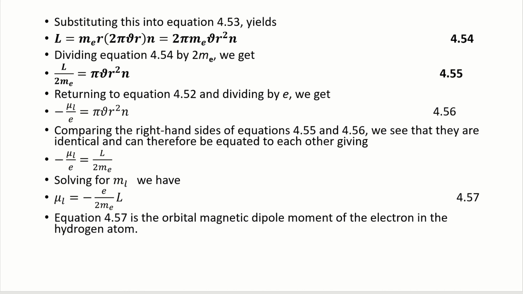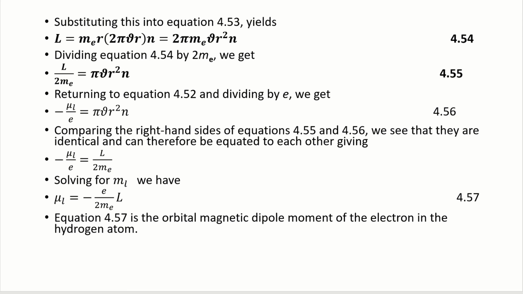Comparing the right hand sides of equations 4.55 and 4.56, we see that they are identical and can therefore be equated to each other, and therefore we get minus mu sub L over e is equal to L over 2 m sub e. Solving for mu sub L, we have mu sub L is equal to minus e over 2 m sub e multiplied by L.